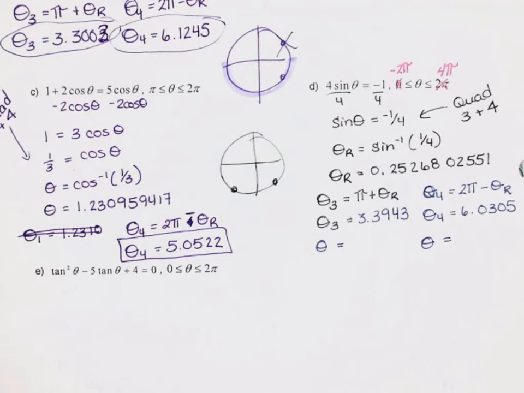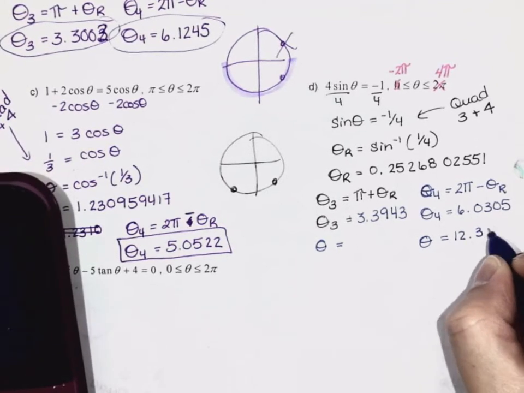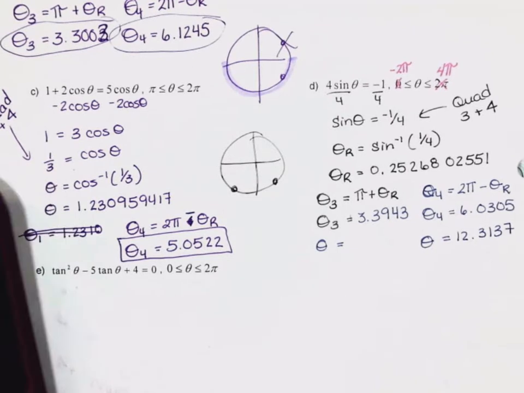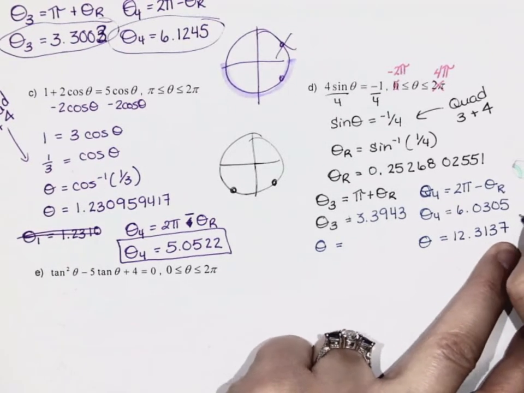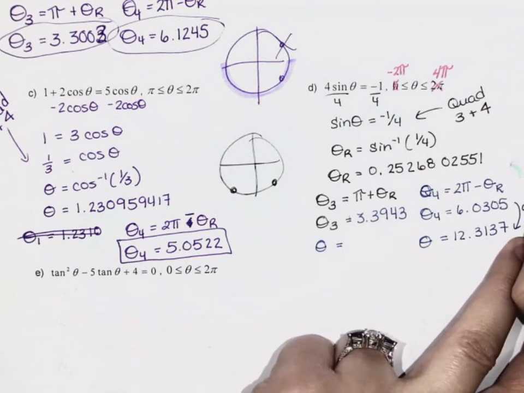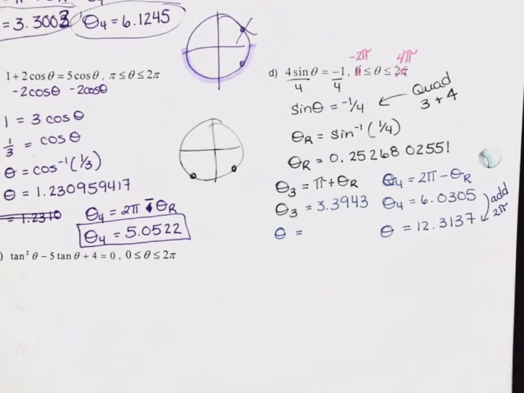So I'm adding 2 pi. And I'm going to get 12.3137. Add 2 pi. That's so easy, I was overthinking it. And so I've got 3.3943 plus, so I'm just doing coterminal angles, right?